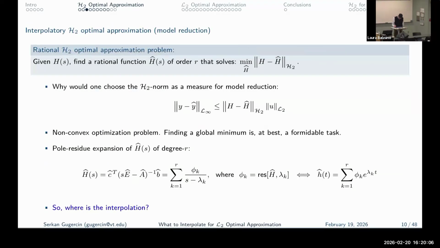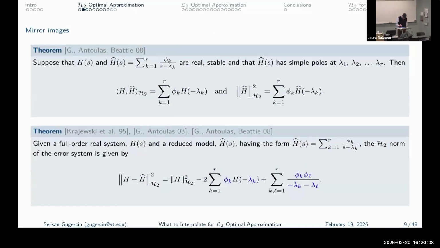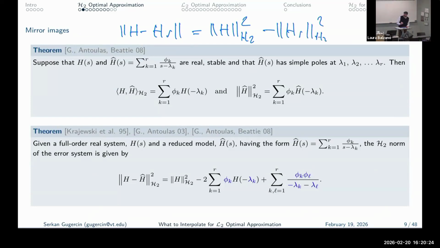So what happens to this H2 error that I have here? At the optimal, you end up with the H2 norm of the full model minus the H2 norm of the reduced model. And you want to find the one that satisfies the conditions but has the largest H2 norm. I don't know how to enforce this.